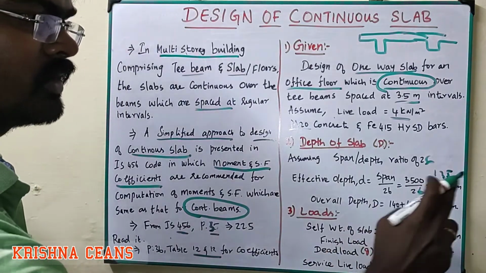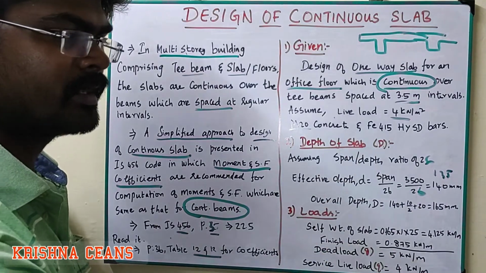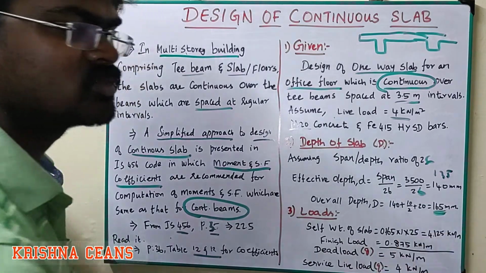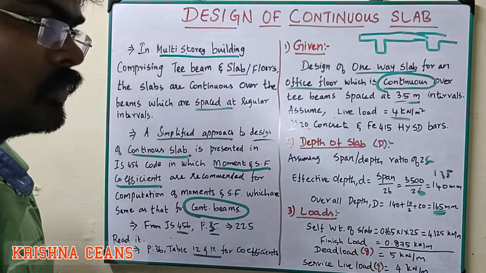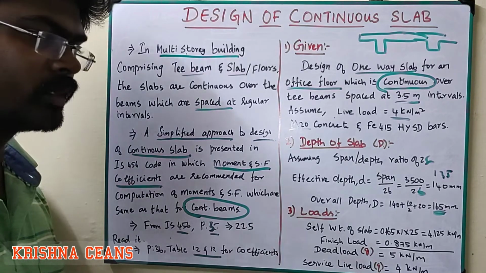We will assume 140 mm. Overall depth is 140 plus 10 by 2 for a 10 mm diameter bar plus 20 cover, so overall depth is 165 mm. Is it clear? Next we will go for load calculation.